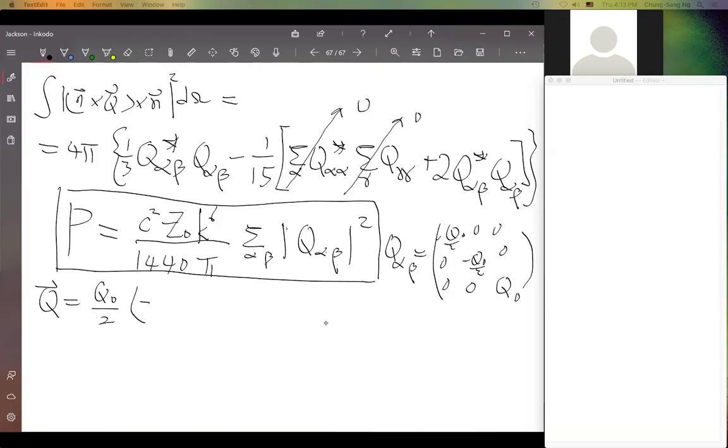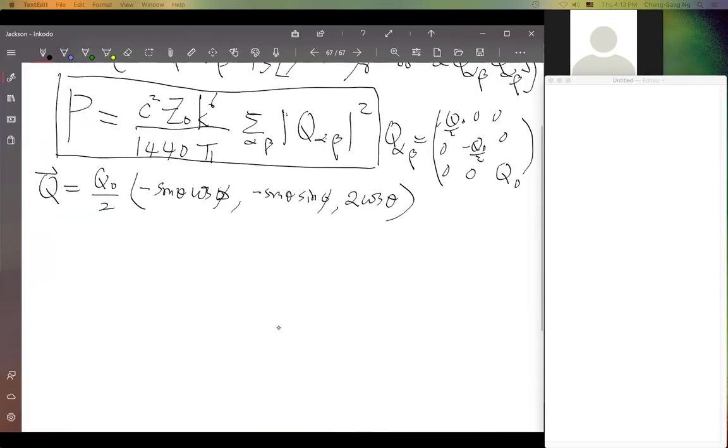So n1 is sine theta cosine phi, but you multiply by minus Q0 over 2, so you have this one. N2 is sine theta sine phi. So that is this one, and n3 is cosine theta, so you have 2 cosine theta. So that's the Q vector.